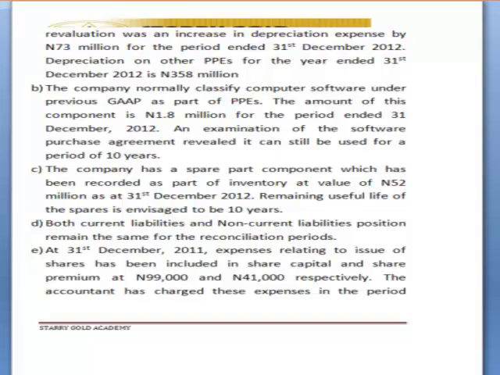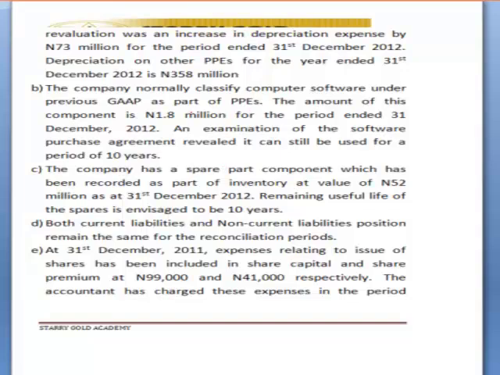The company normally classifies computer software under previous GAAP as part of property, plant and equipment. The amount of this component is 1.8 million for the period ended 31st December 2012. An examination of the software purchase agreement reveals it can still be used for a period of 10 years.